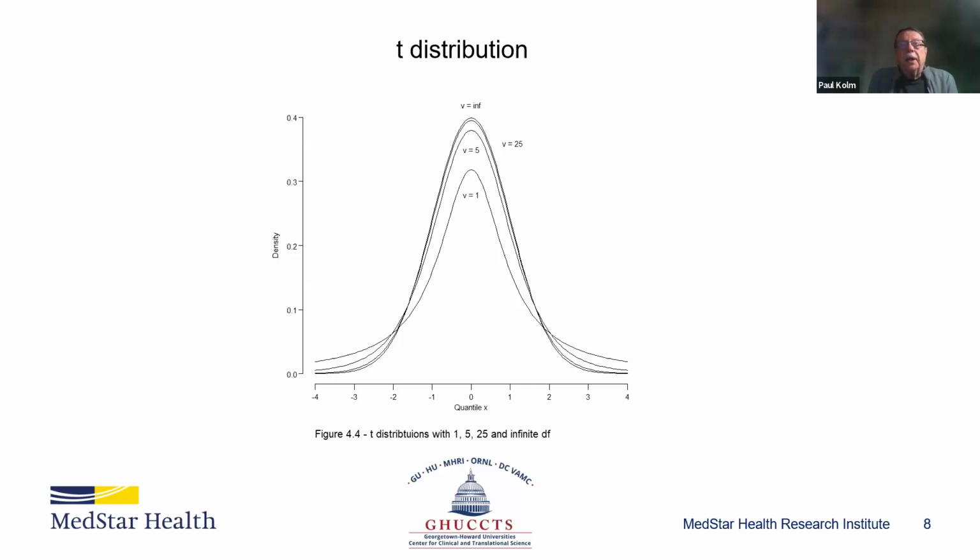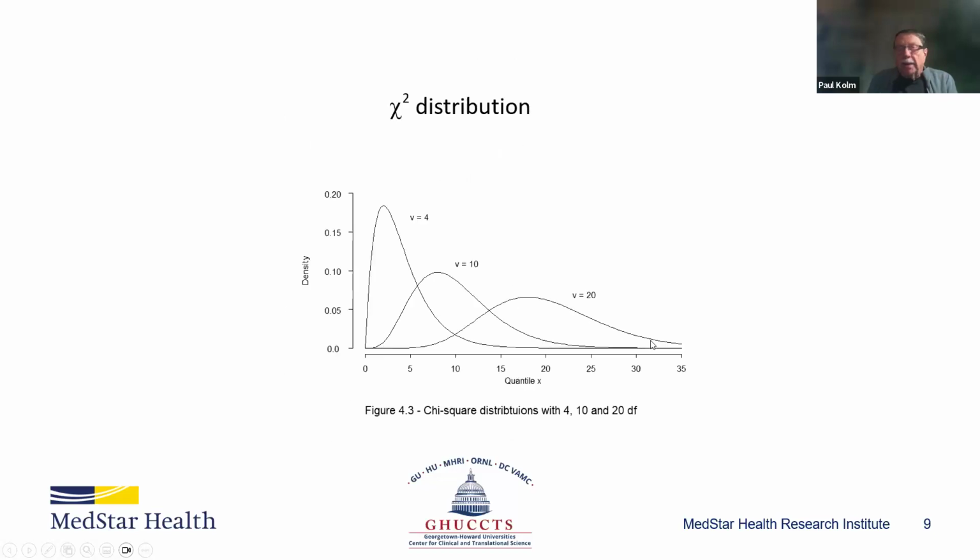The thing about the t distribution is that for small sample size, the tails of the distribution are thicker than the actual normal distribution, as you can see here. Here's the chi-square distribution, and you can see as the degrees of freedom get larger, it looks more normally distributed.